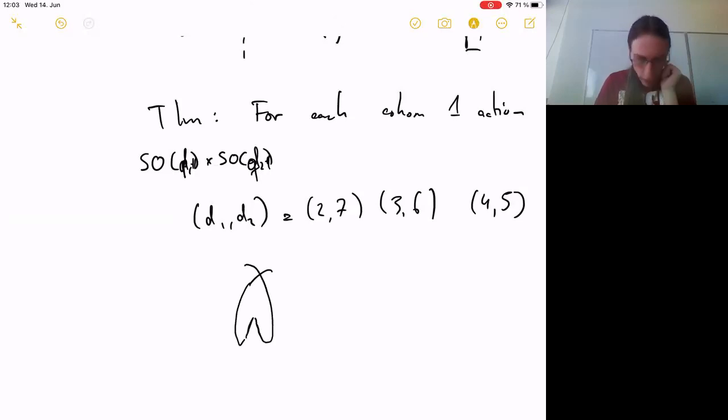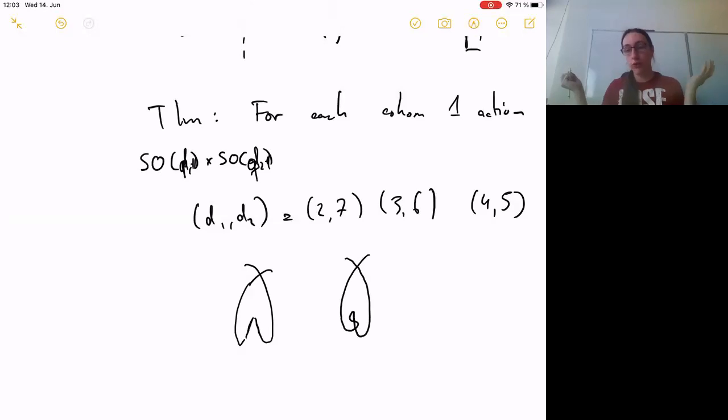So this is a plausible image. But of course, what's also a plausible image is this. Yeah, from the linearization, these two are the same.